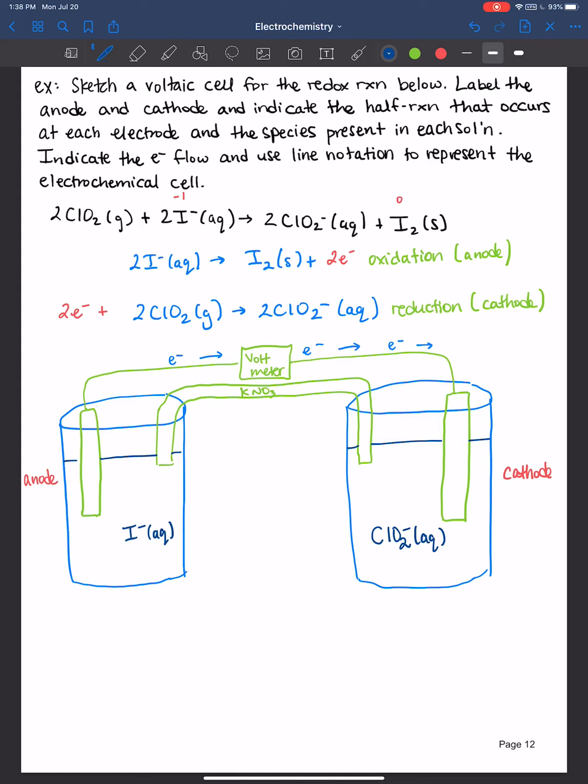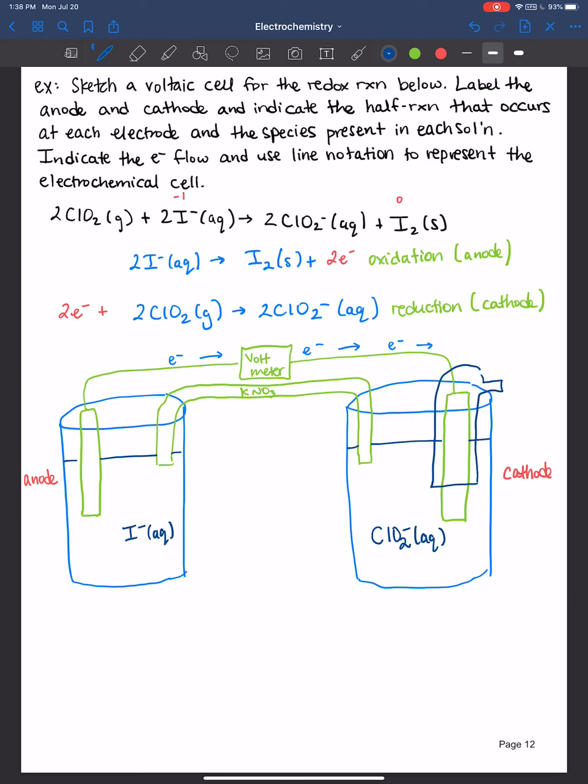Now you'll notice it's really important to be aware of your states of matter, and you're like, all right, well, I have a gas. If that happens, then you will need a tube to go over your electrode to pump the gas in. So let's draw that tube. Kind of over here, it goes, and it's also submerged.